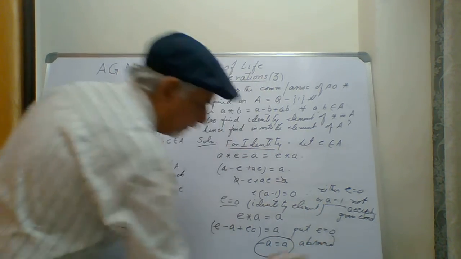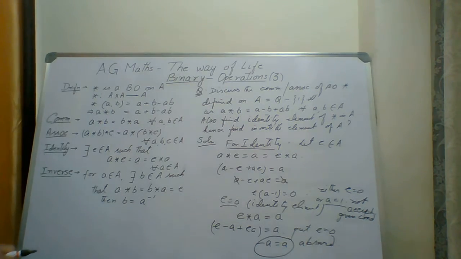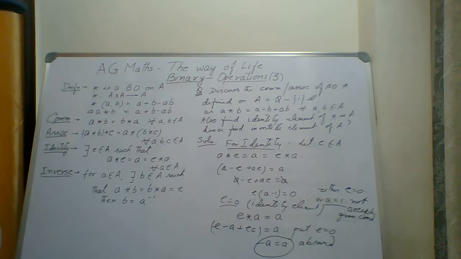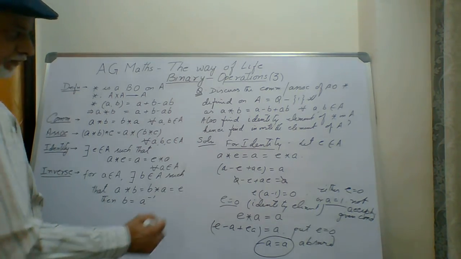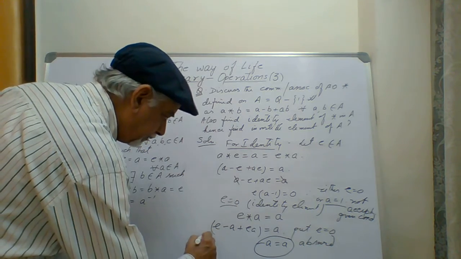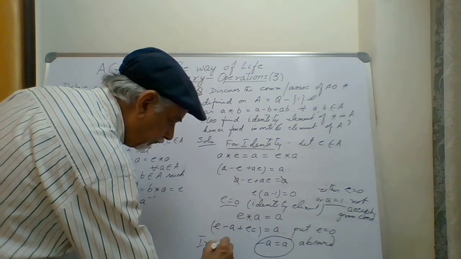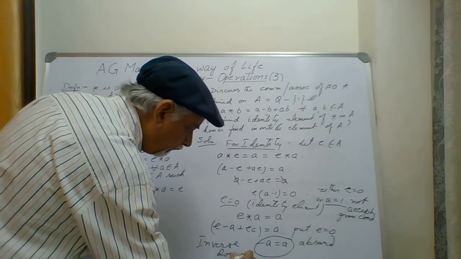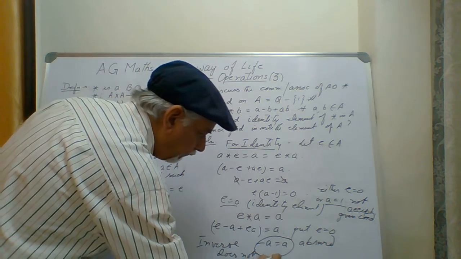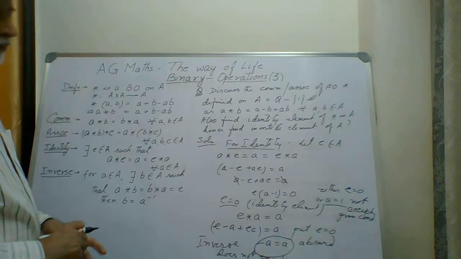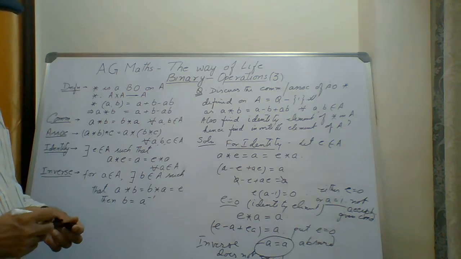Not at all possible. If it is absurd, that means there is no identity element, so inverse does not exist. So we say that there is no identity element and inverse does not exist. If identity is 0, then inverse will not exist.